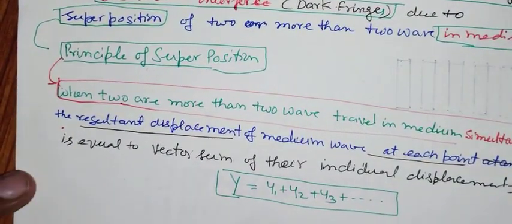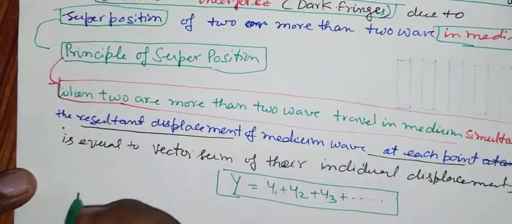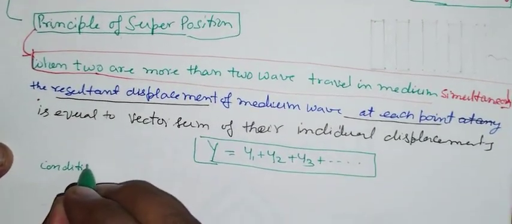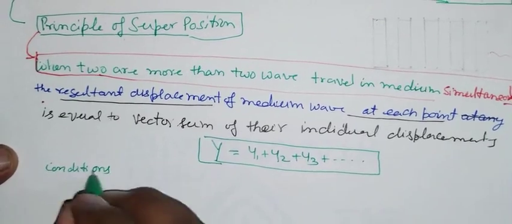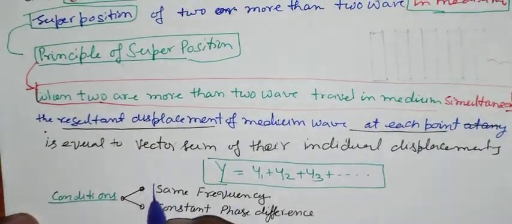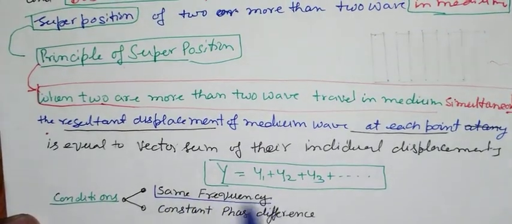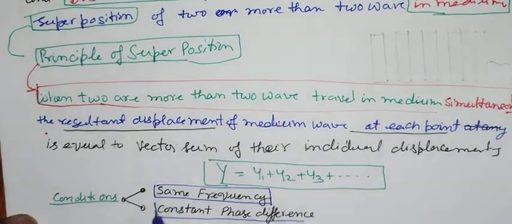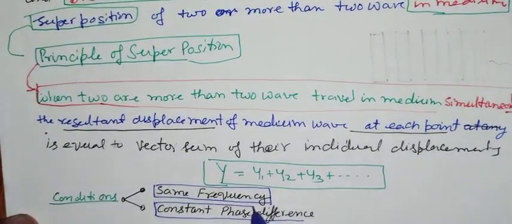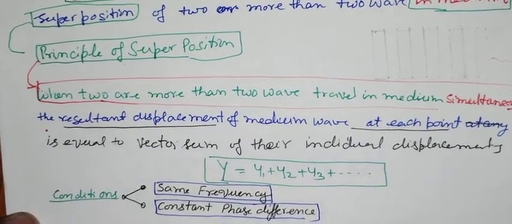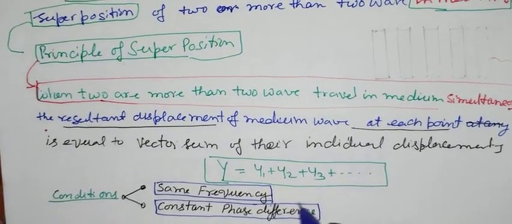Now see, there are some conditions: the interfering waves must have the same frequency, and the phase difference between them must be constant throughout the experiment with respect to time.